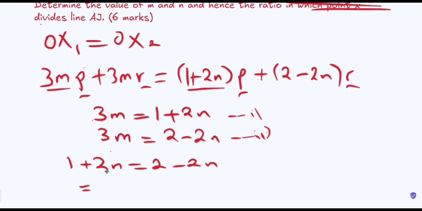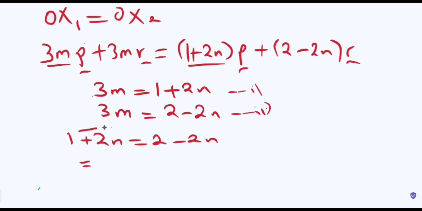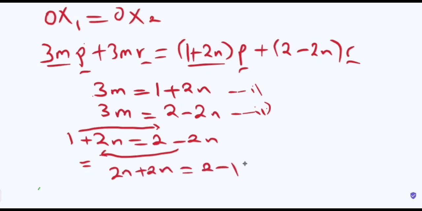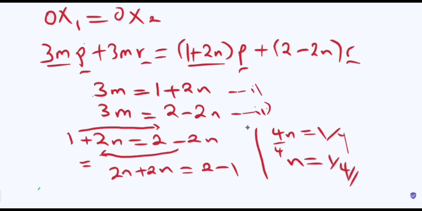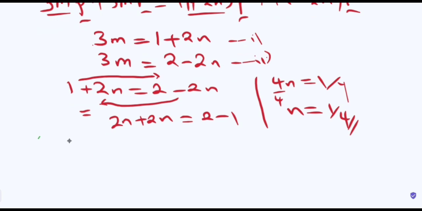Collect the like terms. Okay, so hii 1 peleka huku, hii 2 negative 2n leta huku, so itakuwa 2n plus 2n equal to 2 minus 1. So 4n equal to 1, divide by 4 divide by 4, n equal to a quarter. Okay, so n ni equal to a quarter. So waendelea bado m, so take any of the equation, tuchukue hii ya juu, so itakuwa 3m equal to 1 plus 2n.